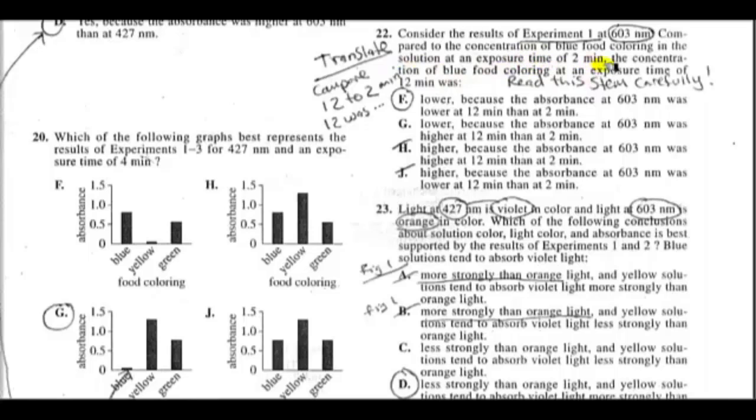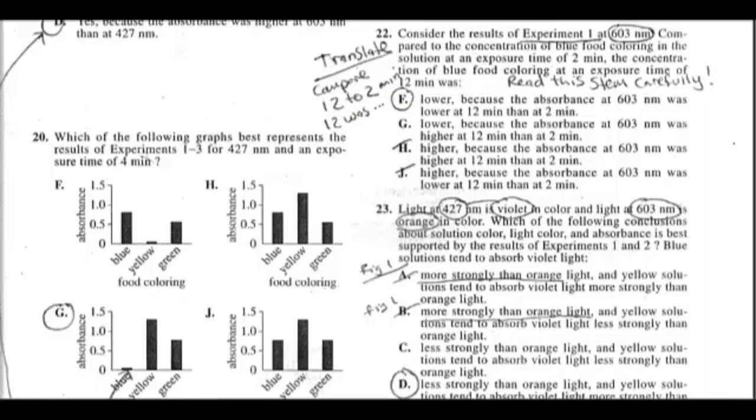It says the concentration of blue food coloring at 12 minutes was compared to 2 minutes. Compare 12 minutes to 2 minutes. Read this carefully and you see that this question, when you put it into your own words, isn't 2 compared to 12, it's 12 compared to 2.